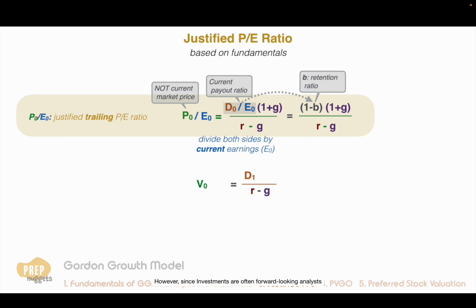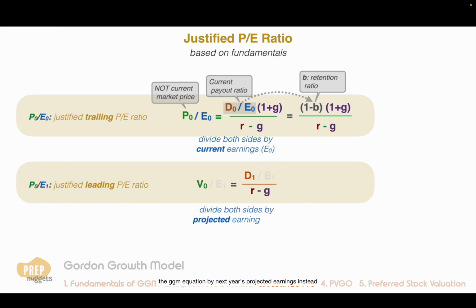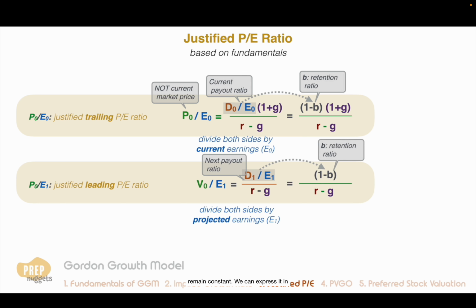However, since investments are often forward-looking, analysts are more interested in the justified leading P/E ratio of a stock. Using the same approach, we divide both sides of the GGM equation by next year's projected earnings instead of the current earnings. In this case, we have the expected dividend payout ratio for the next period. Likewise, if the payout ratio is expected to remain constant, we can express it in terms of the retention ratio.